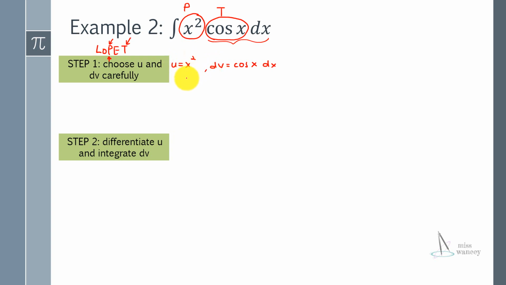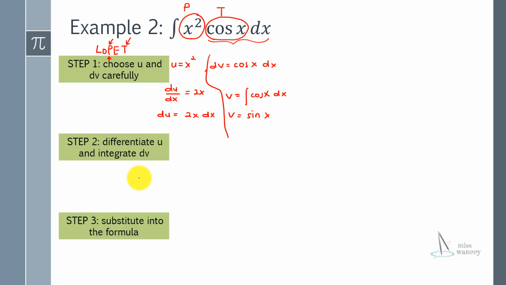So u is x squared, so du over dx is 2x, which means du is 2x dx. For dv, v is equal to the integral of cos x dx, so v will be equal to sine of x.